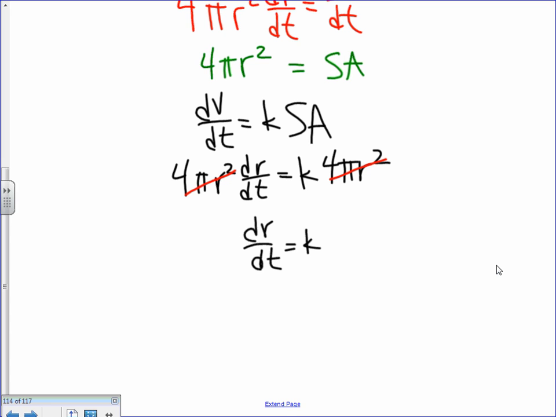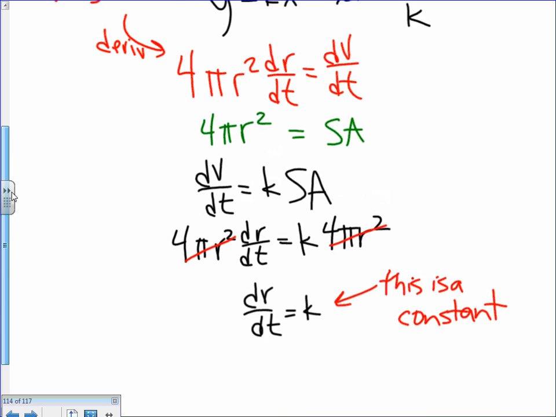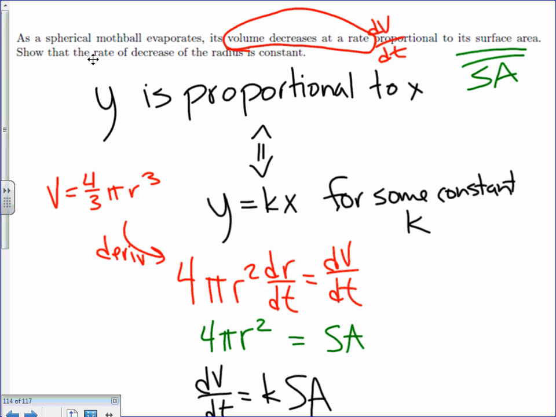What assumptions did we make about k? We assumed that k is a constant. We had to assume that to set up the proportion. So k is a constant. We've shown that dr/dt is a constant. That means we have shown that the rate of decrease of the radius is constant.